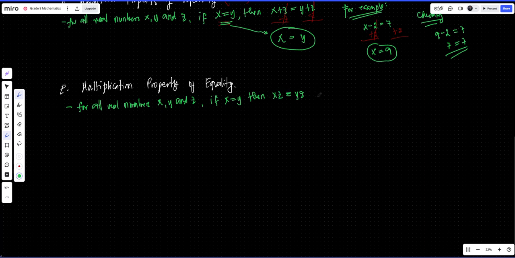And make sure, take note ha, that z is not equal to 0.